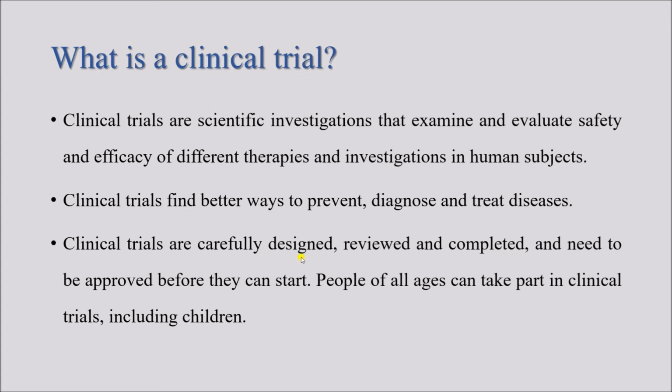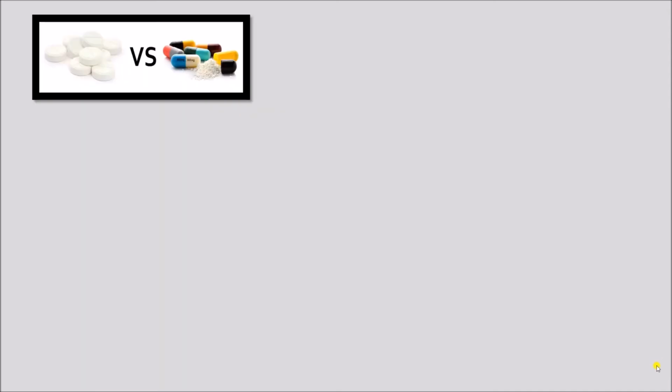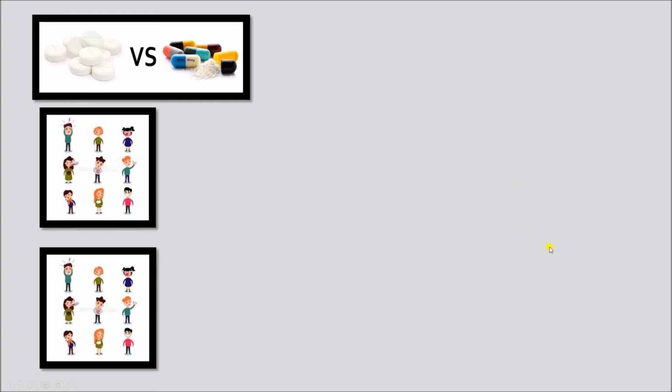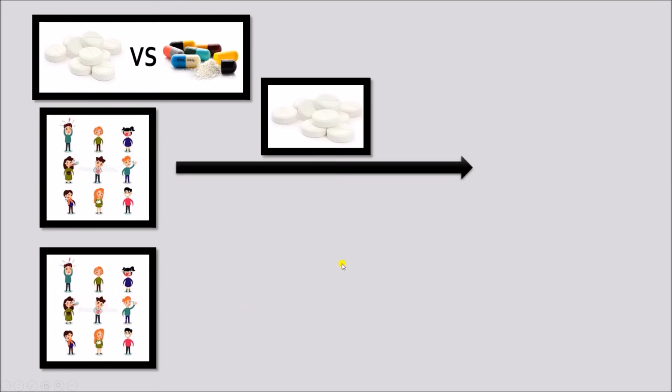Clinical trials are carefully designed, reviewed and completed and need to be approved before they can start. People of all ages can take part in clinical trials, including children. So here I have given an example. Suppose for a particular disease, we have two different treatment modalities, tablets and capsules, and both of them work against a particular disease. So we have selected two groups of people and all of them are suffering from that disease.